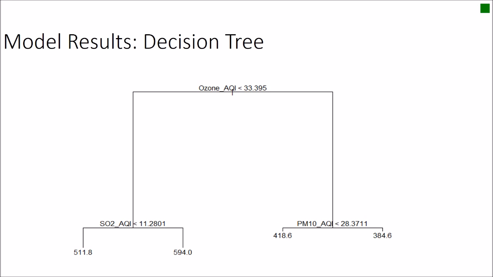On the other side of the model, when the ozone AQI is greater than 33.395 and the particulate matter less than 10 microns is greater than 28.3711, we are predicting the fewest number of asthma-related hospitalizations at 384.6.